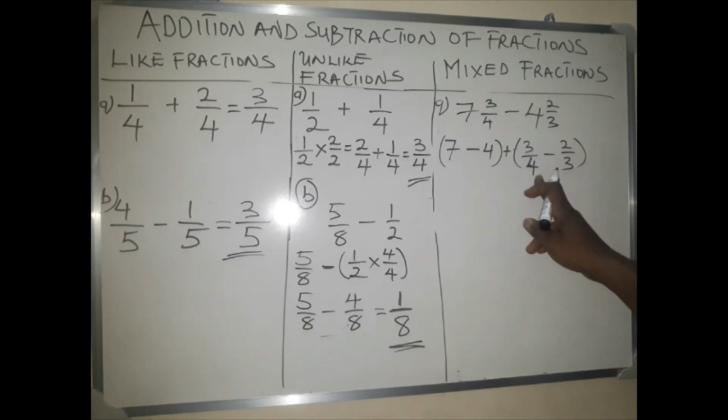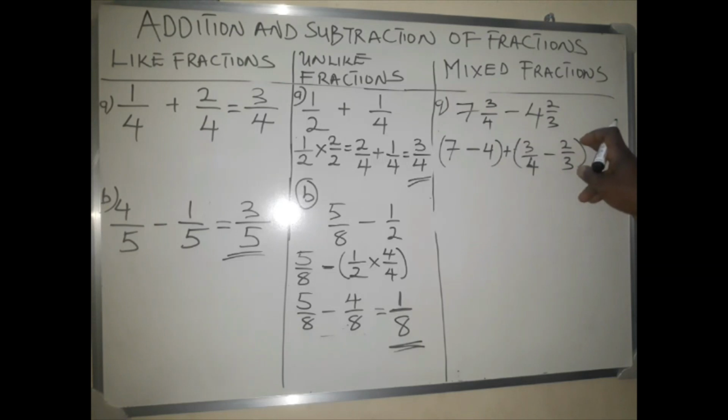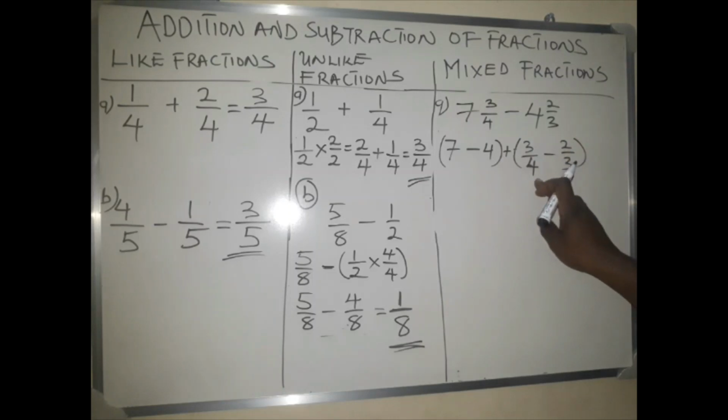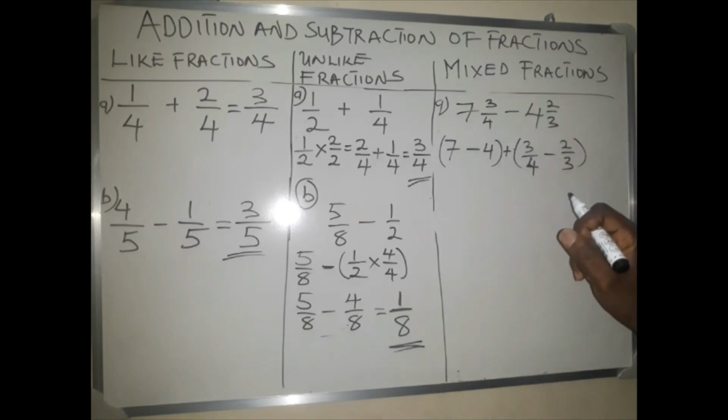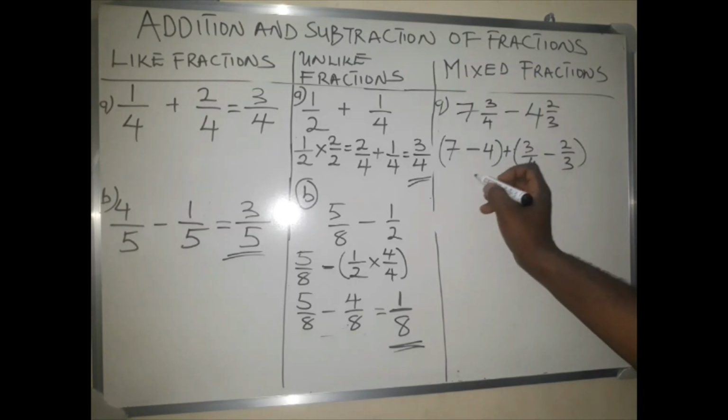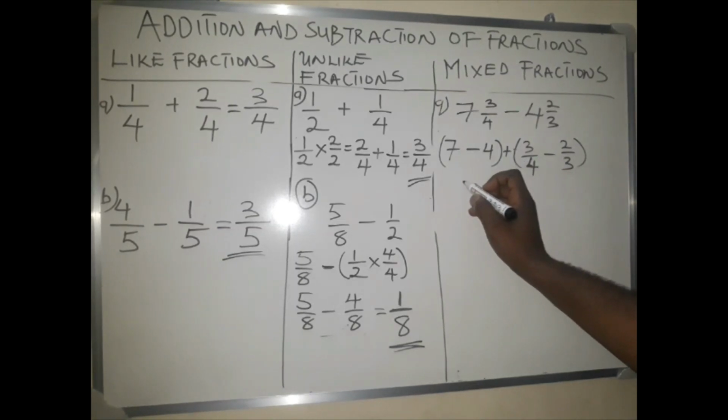Unlike the other ones, in which I had only been multiplying one of the fractions to get like fractions, in this case we cannot do that, because there's no way I will multiply 4 to get a fraction that will have 3 as its denominator, and there's no way I'll multiply 3 to get a fraction that will have 4 as its denominator. So what I'm going to do is multiply both of them, so that at the end of the day, I get like fractions from both of them.